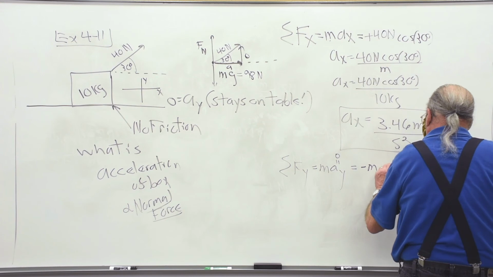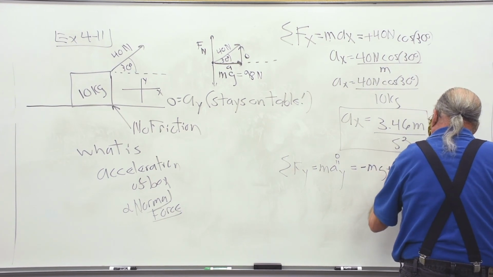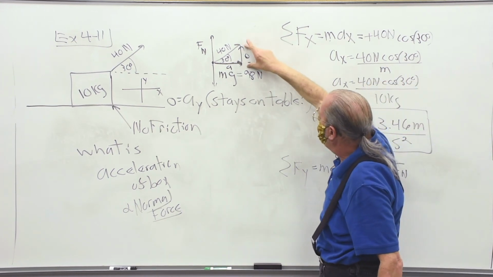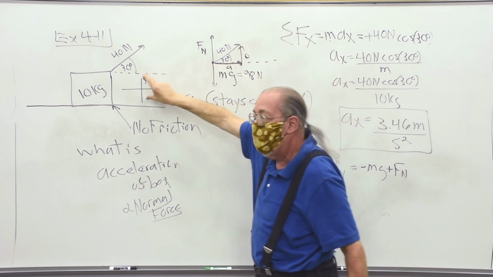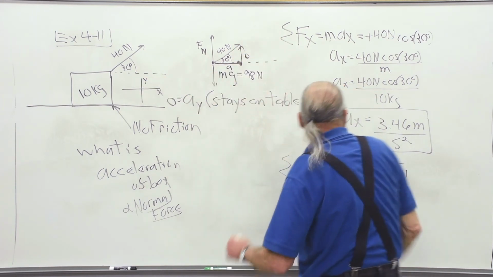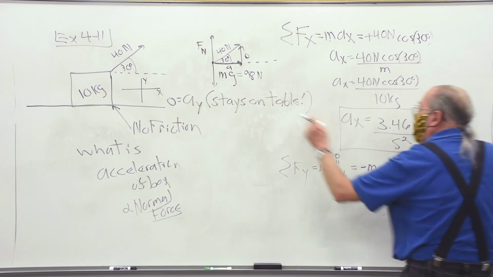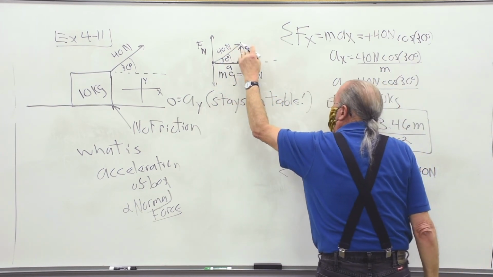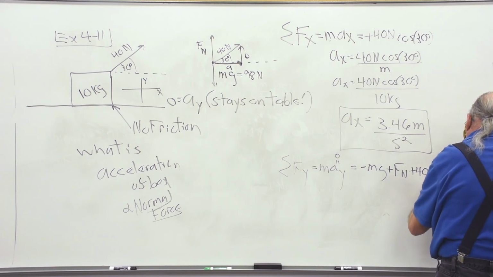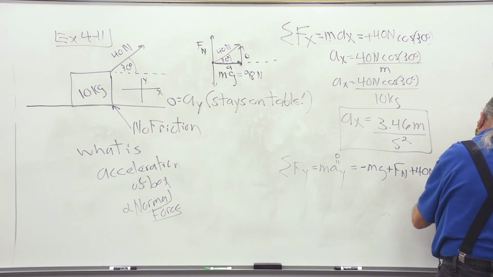Positive. And then the component of this, is it positive or negative? It is positive, plus 40 newtons. This is the opposite side, that is the sine of 30 degrees.